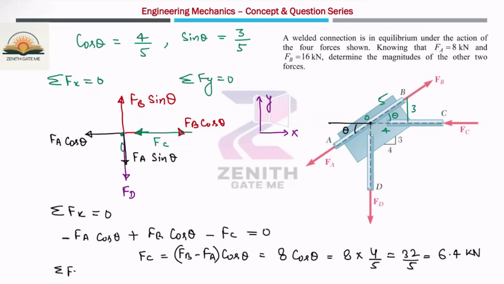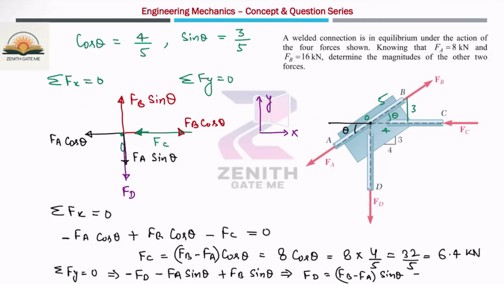Summation of force in Y direction 0 means FD is equal to minus FA sin theta plus FB sin theta. So from here you will get FD value is FB minus FA sin theta. That means 8 into sin theta, which is 3 by 5. So 24 by 5, which is nothing but 4.8 kilonewton.